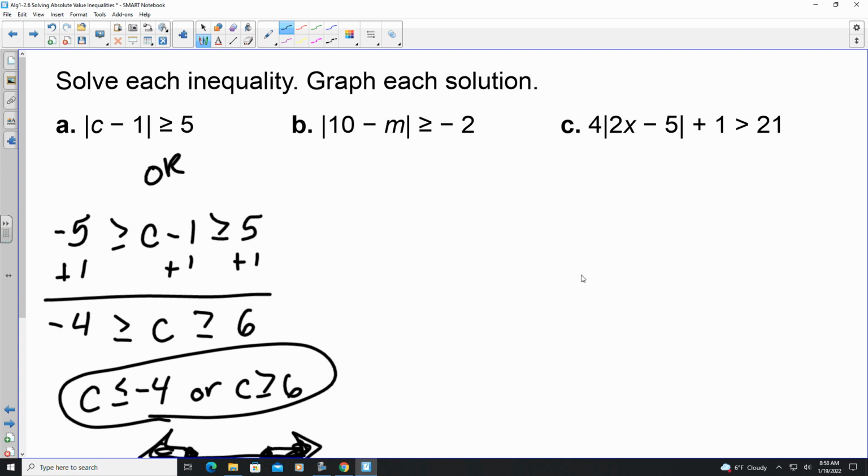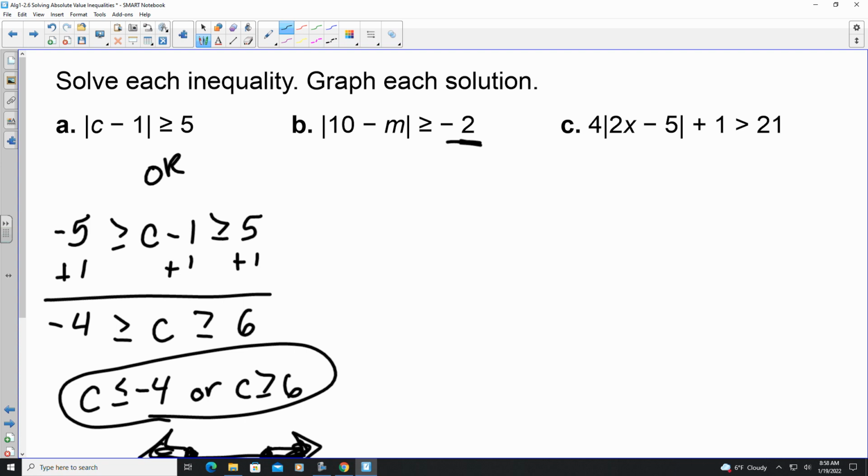Okay. If you look at B, we have a negative number here. And the inequalities point towards the absolute value.